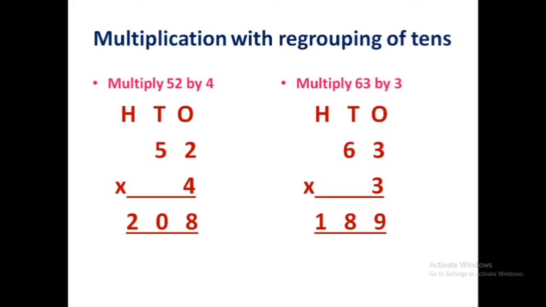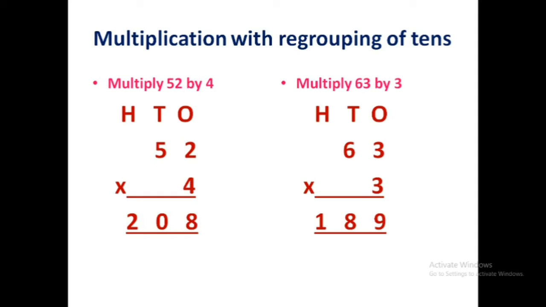Now let us see how to multiply 63 by 3. First, write the numbers 63 into 3. Start multiplication from the ones column. 3 ones into 3 is 9 ones. Write 9 in the ones column. Then multiply 6 tens and 3. 3 times 6 tens is 18 tens.